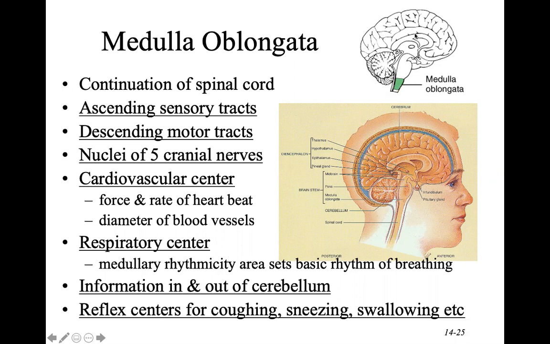There have been people who have had brain damage. They can get a gunshot wound through the brain, up here in the cerebrum, and they live. However, a gunshot wound through the medulla oblongata is instantaneous death. Why? Look what it controls: the heart, the blood vessels, and respiration.